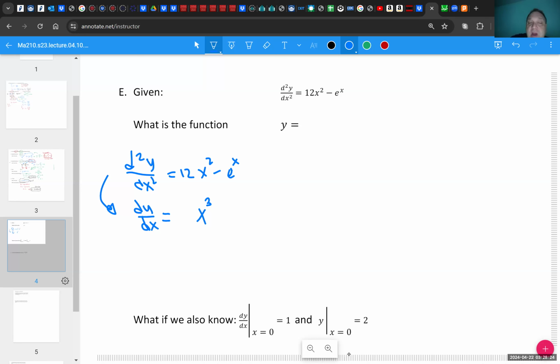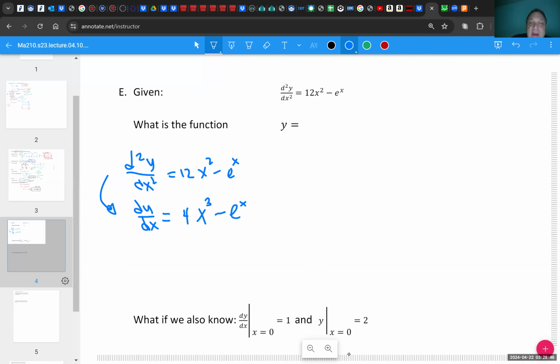And then you have to think about what number this has to be to make 12. I think people will figure out pretty quickly that the number 4 works, because when I bring down the 3, I get 3 times 4, which is 12. And e to the x is nice because the derivative of e to the x is e to the x, which means the antiderivative of e to the x is also e to the x. If the derivative is the same, then the antiderivative has got to be the same.